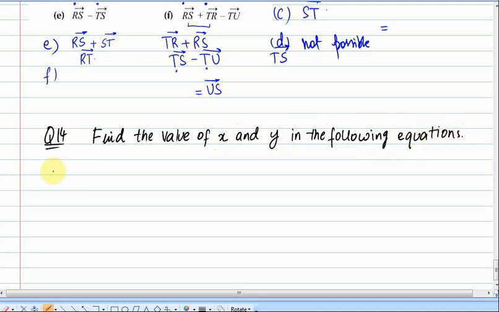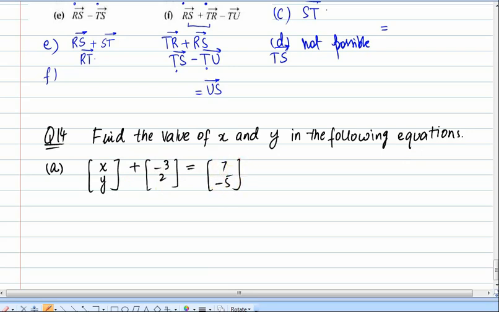We have 4 parts, starting with the first one. x y plus minus 3, 2 is equals to 7 and negative 5.